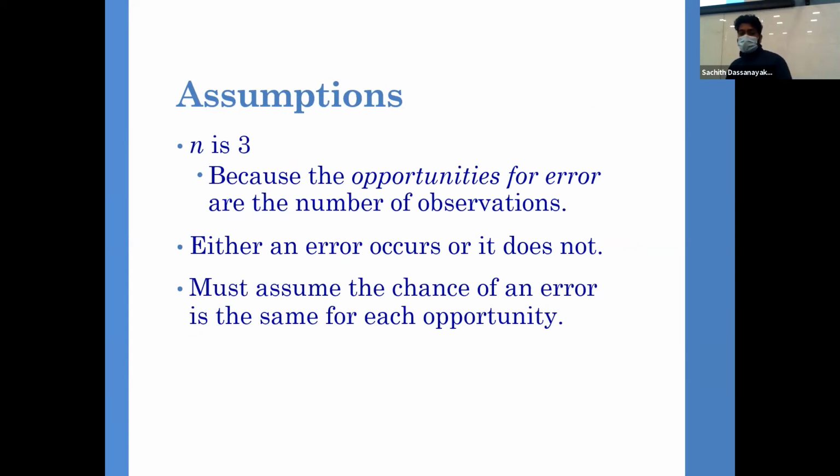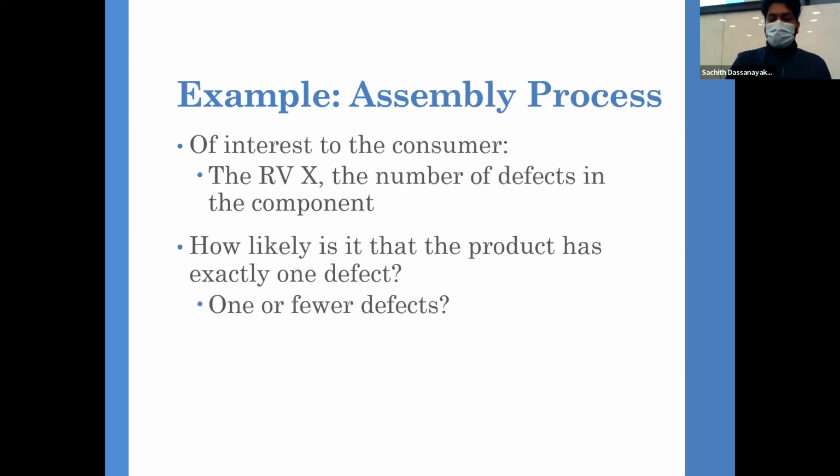We assume the chance of an error is the same for each trial, which means the probability of having an error is 0.1 each time. Still, we don't have the distribution.